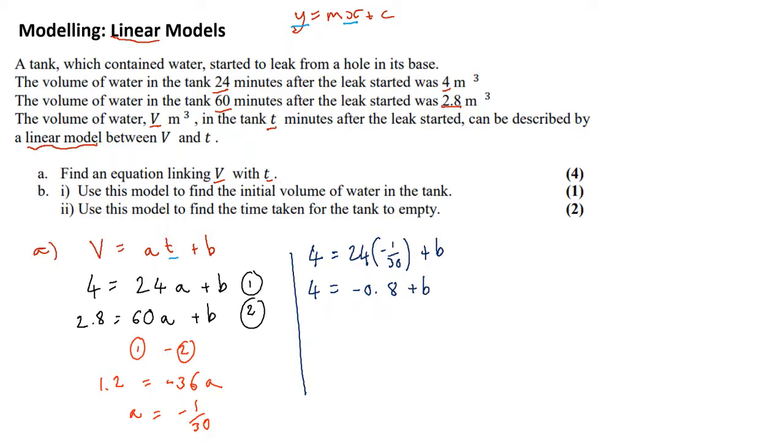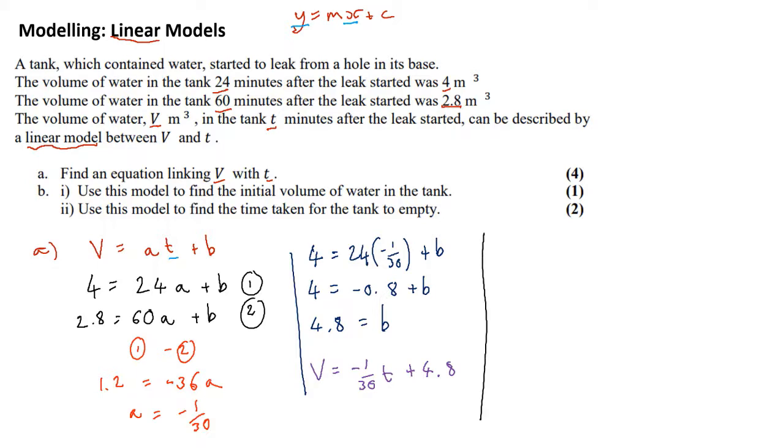We can add 0.8 to both sides, giving 4.8 equals b. After that, we just put that all together to write our equation linking V and T. So my final answer for part A is V, the volume, equals minus 1 over 30 T plus 4.8. And that's part A done.